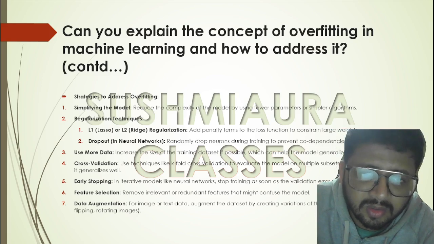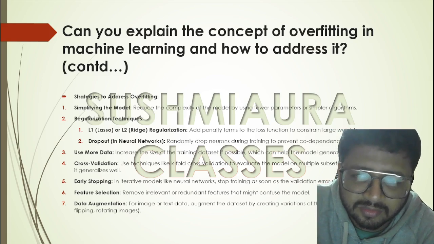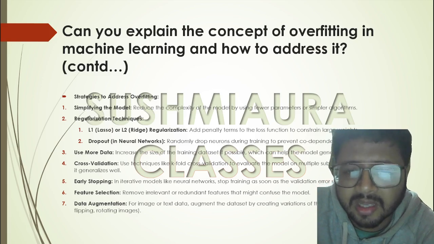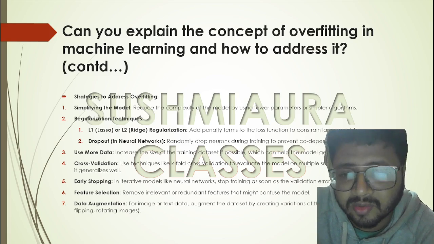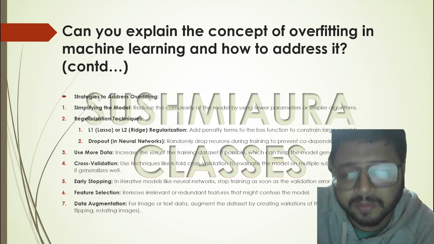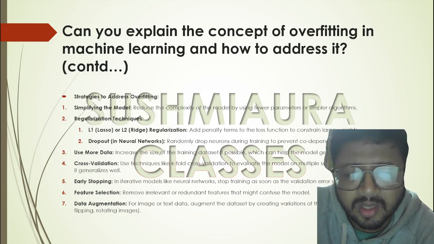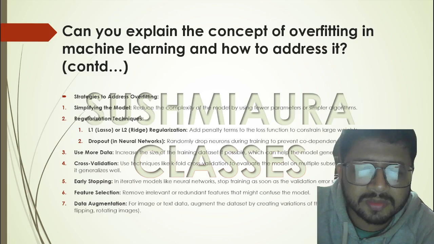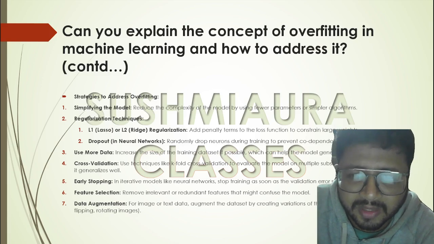Fourth method, cross validation. K-fold cross validation or other cross validations can be used to evaluate the models on multiple subsets of data. Fifth thing that can be implemented is early stopping of the learning mechanism.